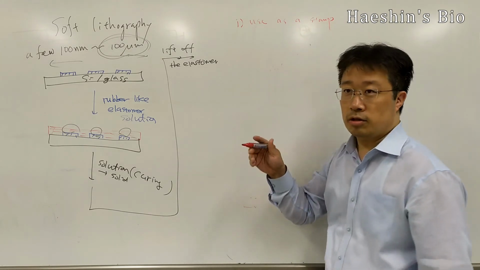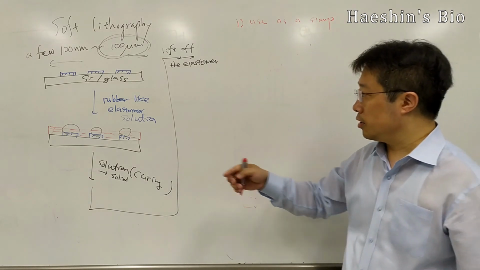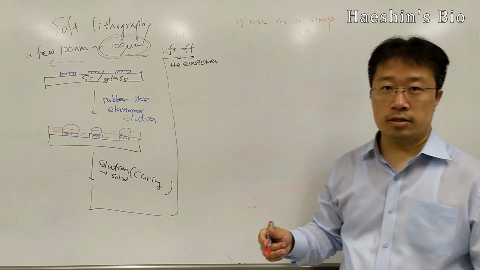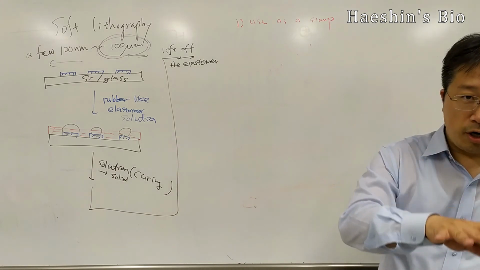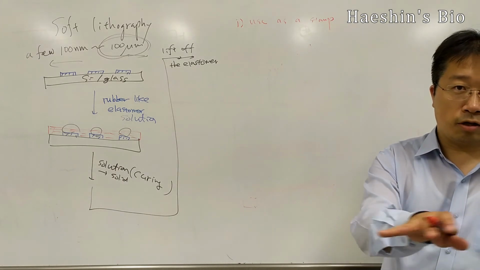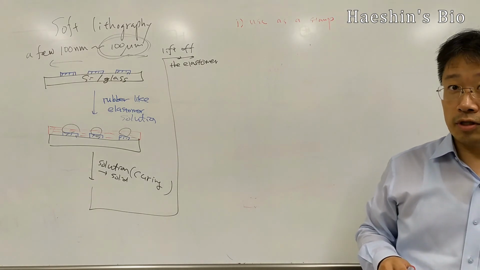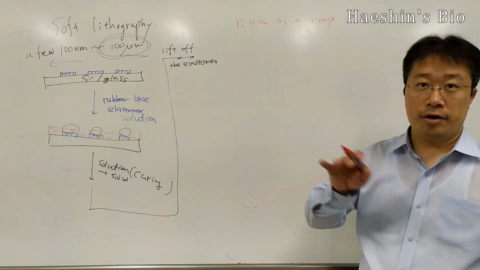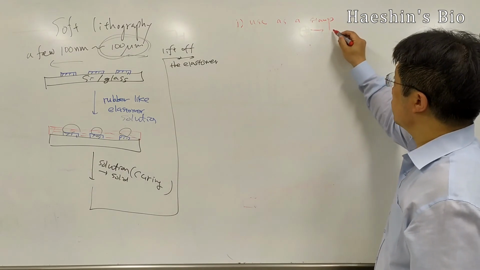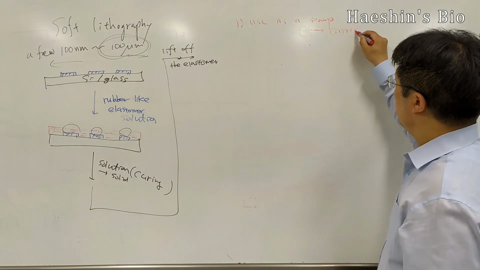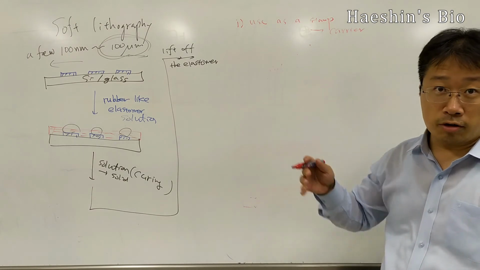So stamp means actually this device itself, the elastomeric device, is to deliver biological molecules to certain surfaces. This is a kind of carrier system. So the stamp is a carrier of the molecule that you actually want.